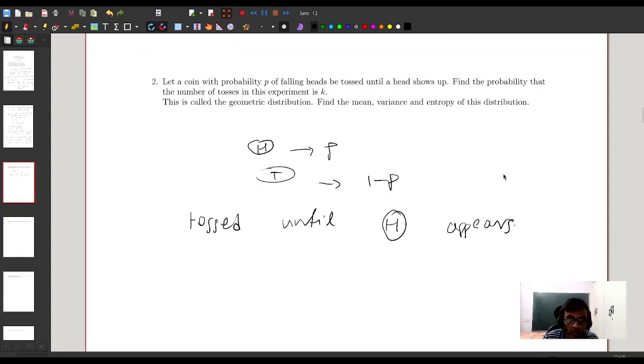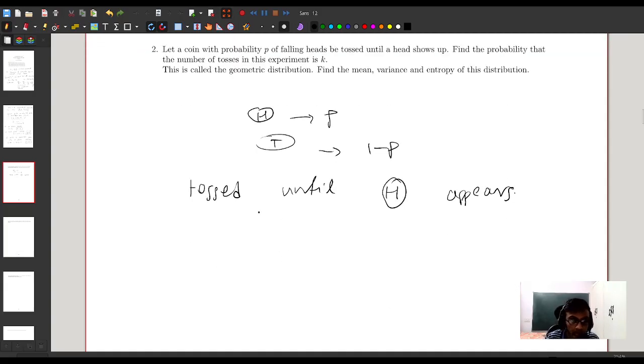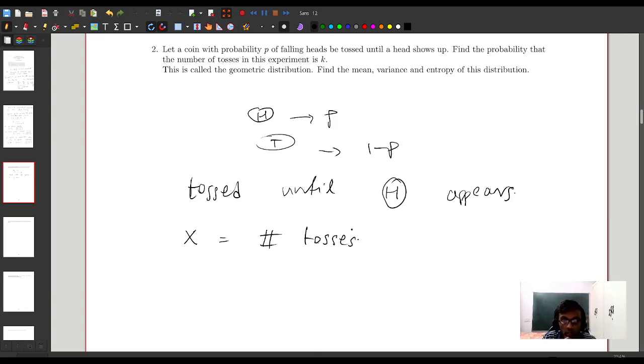This is a random process, and we can define a random variable using this experiment, let's say x. That is the number of times the coin is tossed.